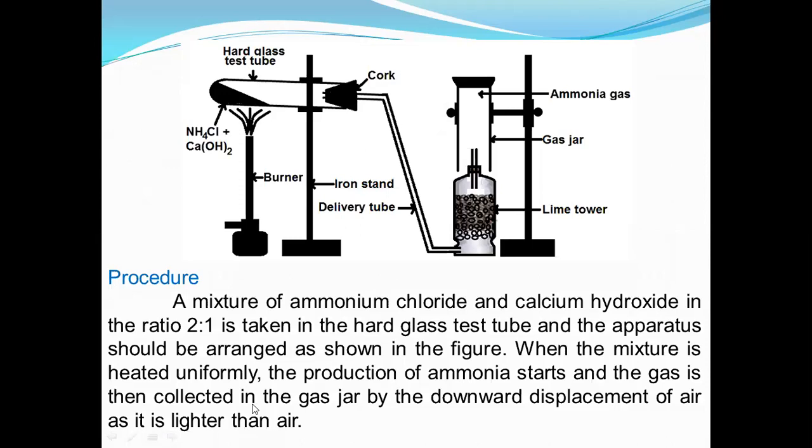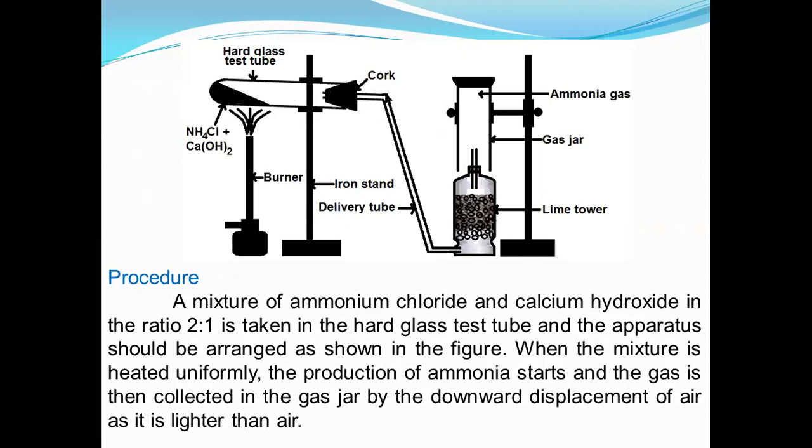Okay, so first of all, after arranging this apparatus, we have to heat this mixture with the help of this burner. The Bunsen burner is connected with gas, and it produces a large amount of heat. That heat starts the reaction between ammonium chloride and calcium hydroxide, and ammonia gas is produced. Obviously, there is production of water molecules also.